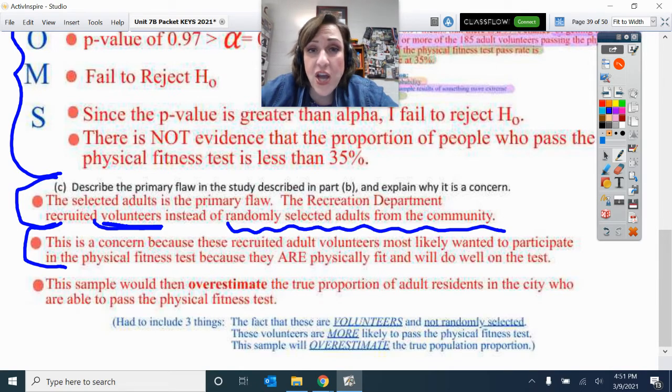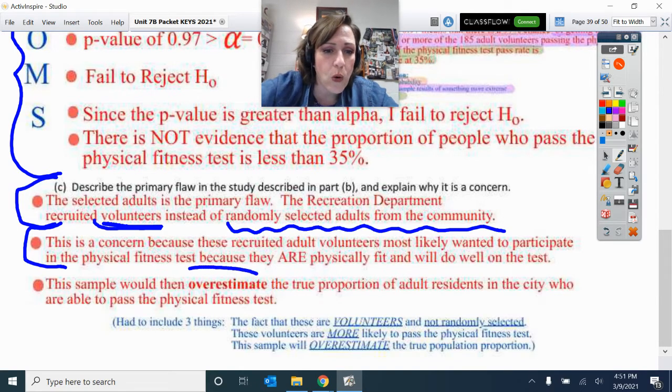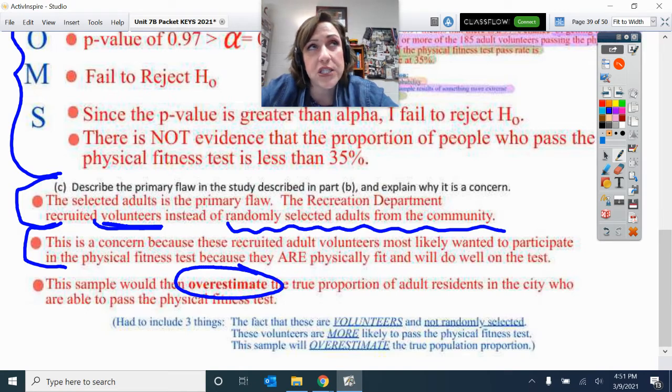This sample, and then you had to say a direction, like how is this result different from the real population you're trying to generalize to? So this sample would overestimate the true proportion of adults who are able to pass the physical fitness test. So again, state what the problem was.